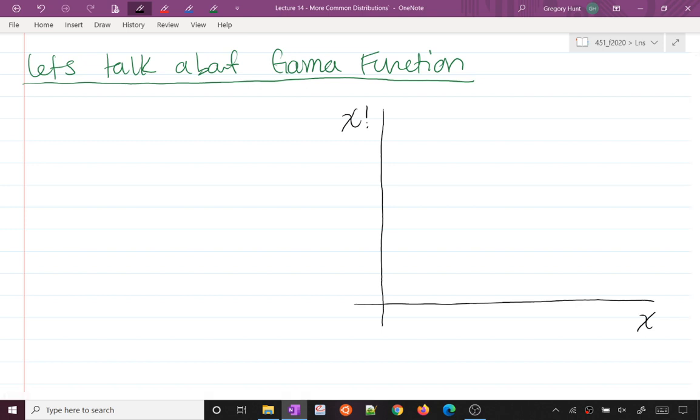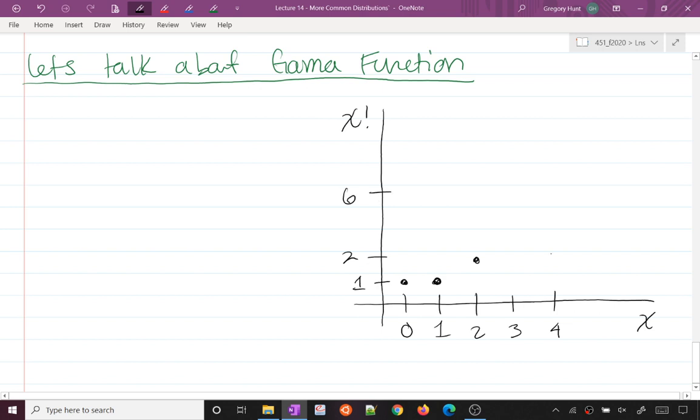If I plot x by x factorial, I have 0, 1, 2, 3, 4, something like that. 0 factorial is 1, 1 factorial is 1, 2 factorial is 2, 3 factorial is 6, 4 factorial is 24, which is going to be way, way, way up here.